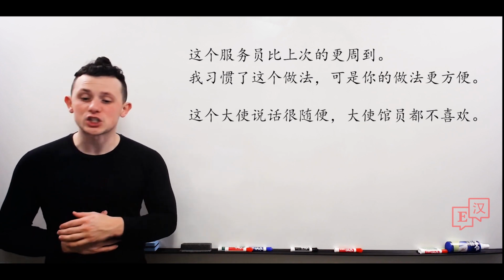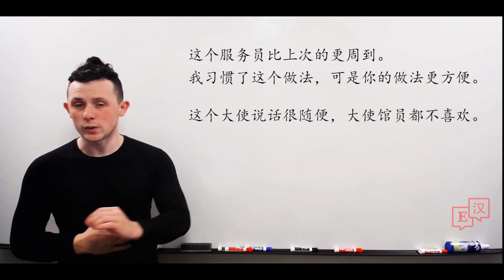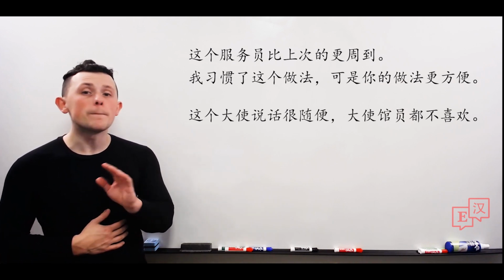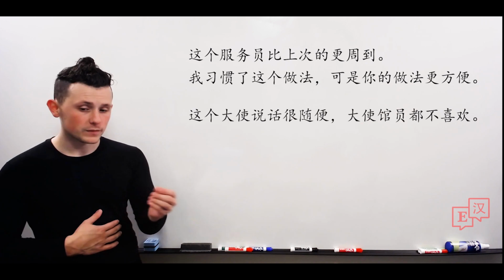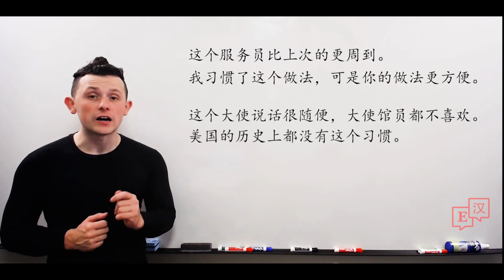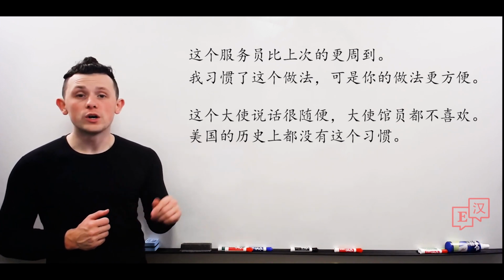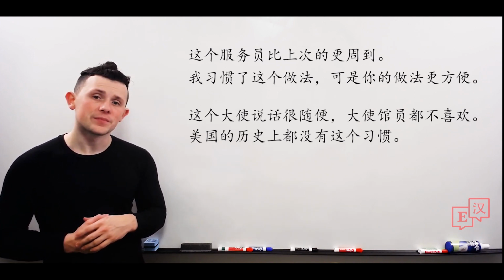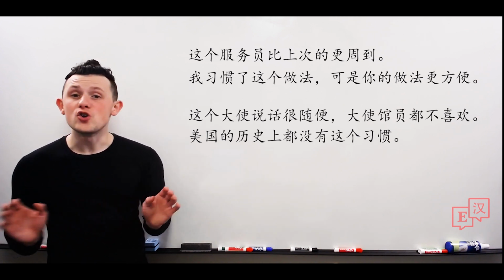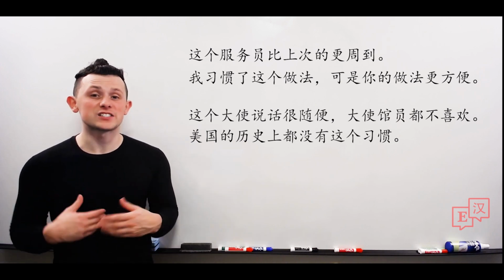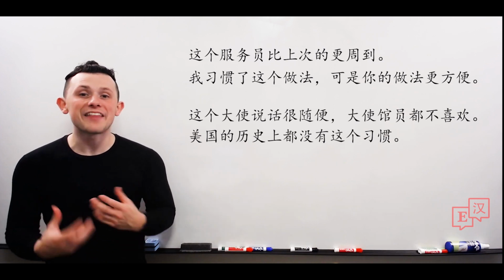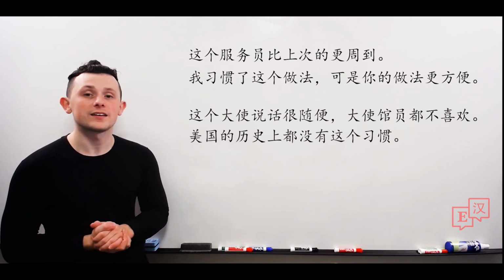Next, 美国的历史上都没有这个习惯。So, in American history, nowhere is there this custom or this habit. In other words, nowhere in American history have people had this habit or has this habit existed.